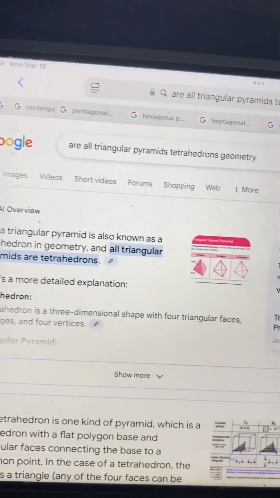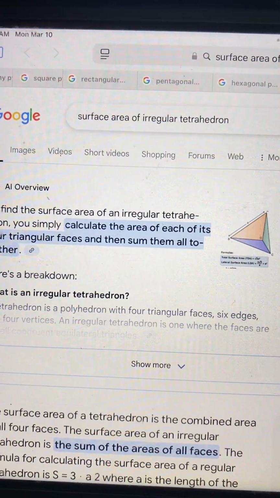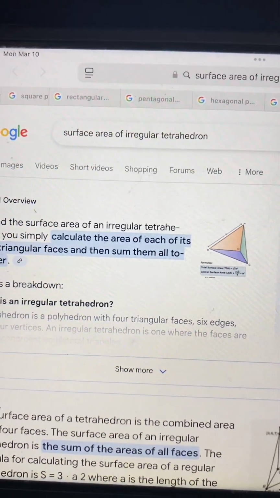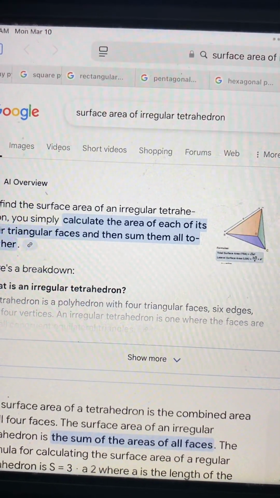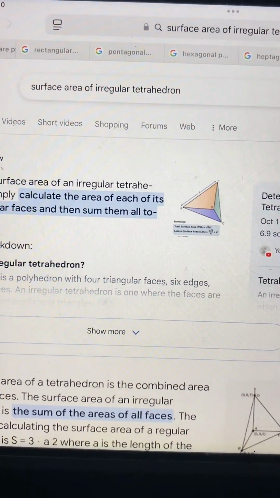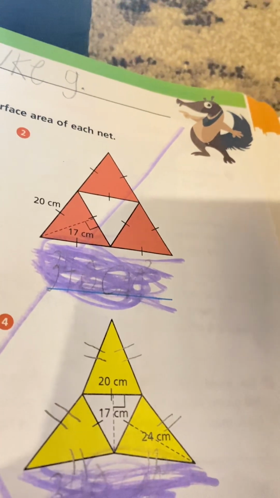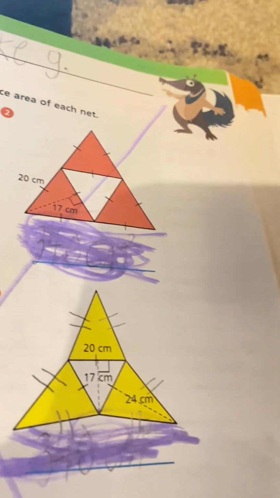But the surface area of an irregular tetrahedron is not as hard as you think it is. To find the surface area of an irregular tetrahedron, you simply calculate the area of each of its 4 triangular faces, and then add them all together. In the case of the net, we would do that, but that is a regular tetrahedron net.